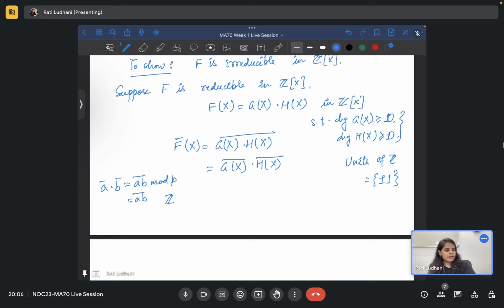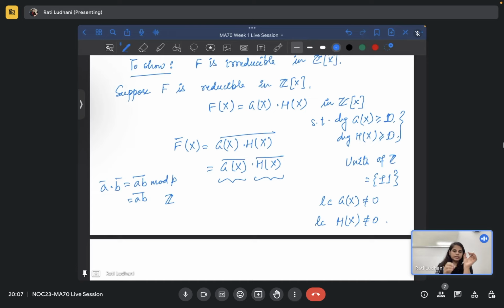Okay. Now what does this mean? This means that you have some factors over mod p. Now one more thing, g(x) and h(x), you take the leading coefficient of g(x), that has to be non-zero, and the leading coefficient of h(x), that has to be non-zero.